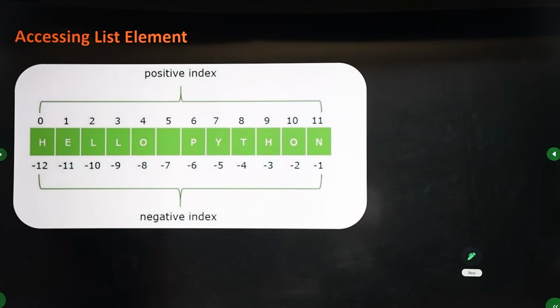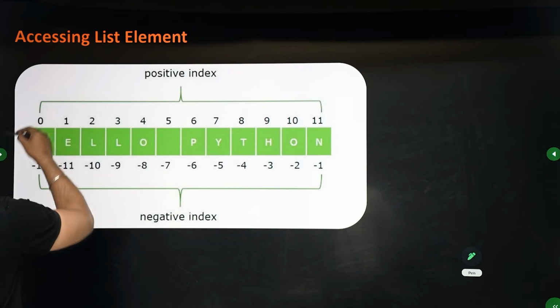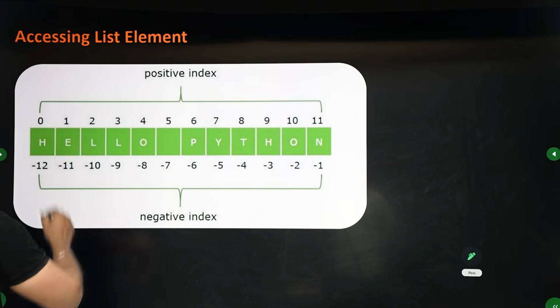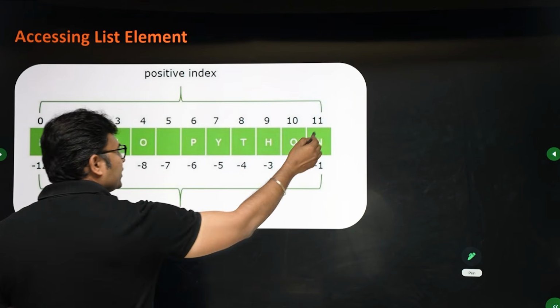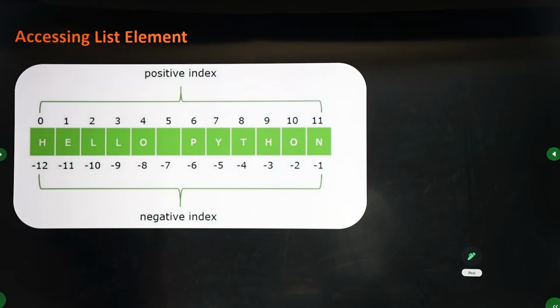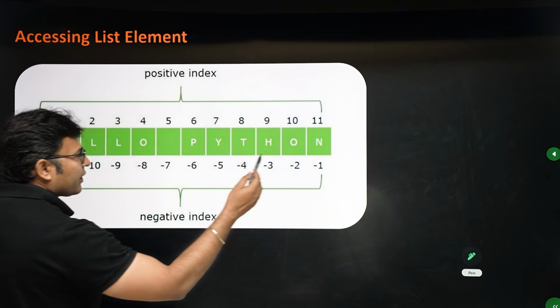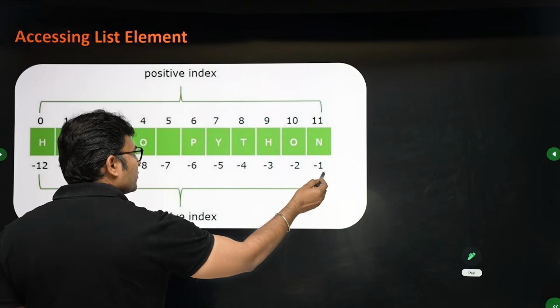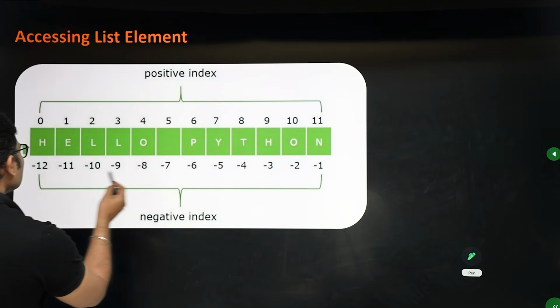Now there are two ways to index a list, either from the left side or from the right side. If you are starting from the left side, the indices will start from 0, 0, 1, 2, 3 till the last number. Now if you are going to use negative indexing from the end, if you want to index from the right end, then you can start with -1, -2, -3, and so on.